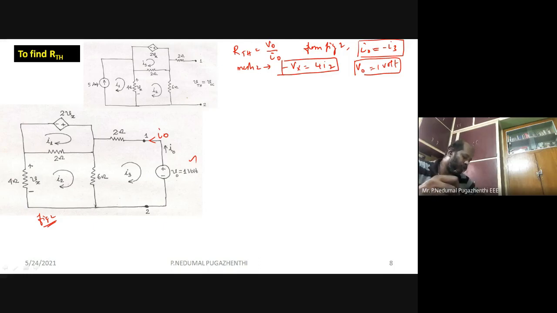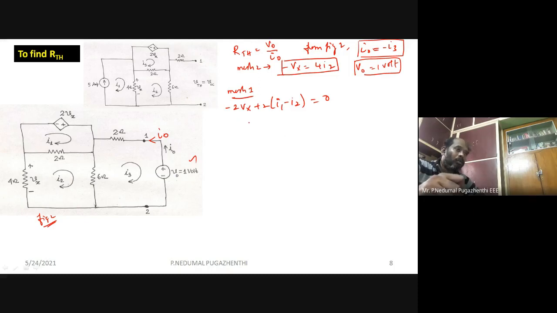Using mesh 1, where current is passing, what can I write? Minus 2 Vx plus 2 into I1 minus I2 is equal to 0.